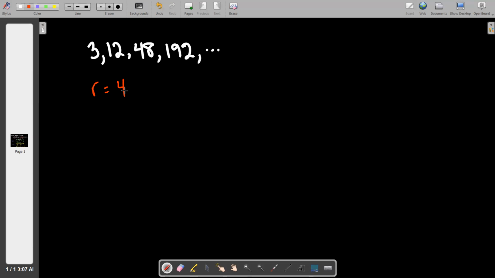The next thing we have to do is find the next 3 terms. I can erase the dots now. If you know that it's just times 4, because that's what R tells us to do, then I can take 192 times 4, and I get that the next term is 768. Then take that times 4, and I get 3072. Then take that times 4, and I get 12288.